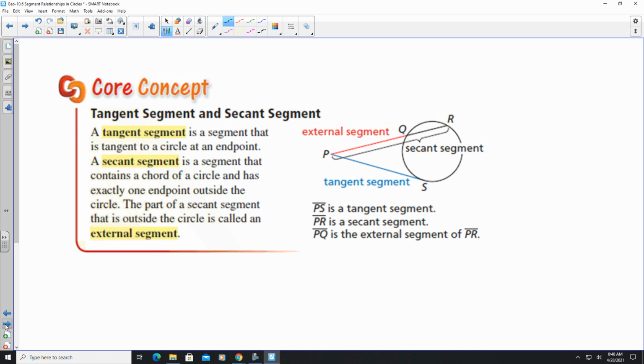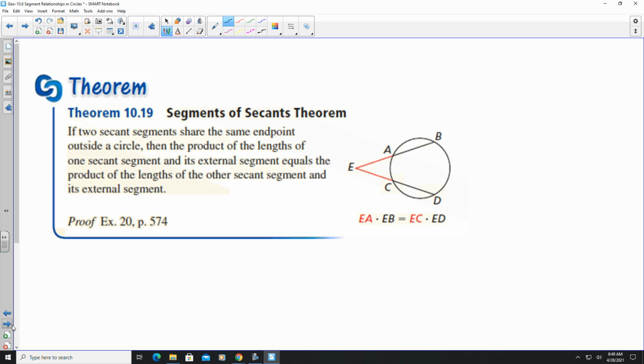So it's just the tangent line segment or the secant line segment. The first one is if you have an intersection on the outside and you are attempting to find the value of the segment, whether it's on the outside, what they call the external secant, or on the inside of the circle, which they call the internal secant.